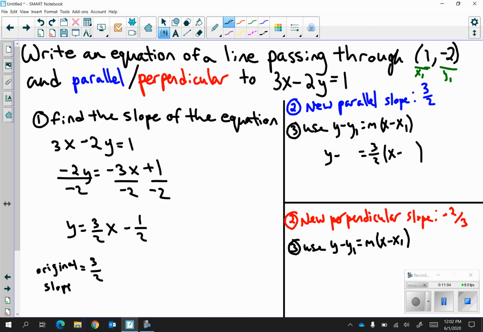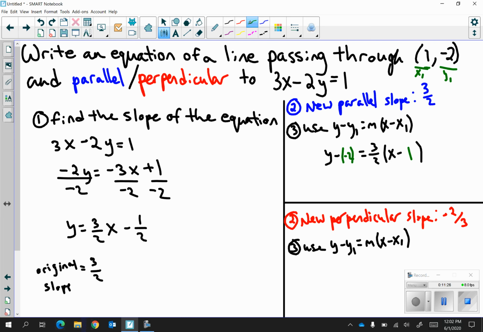So I'm going to go back and input my values. So I have -2 and I have 1. And you're done. That's your answer. You do not have to simplify it because this only asks for an equation. It didn't specifically say put it in slope-intercept form.